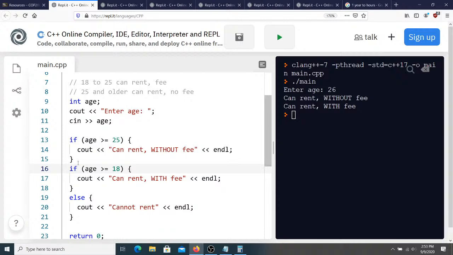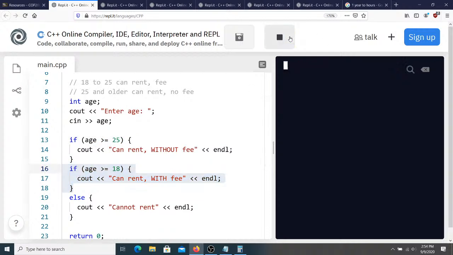So what that means is, when I entered in 26, this thing matched, so none of this other code was even checked. Does that make sense? Versus if I have two separate if statements, it checks this, and then independently, regardless of what previously happened, it independently checks this.